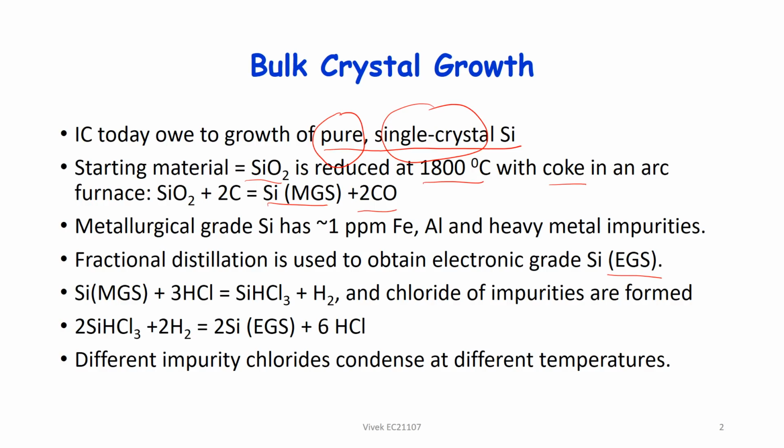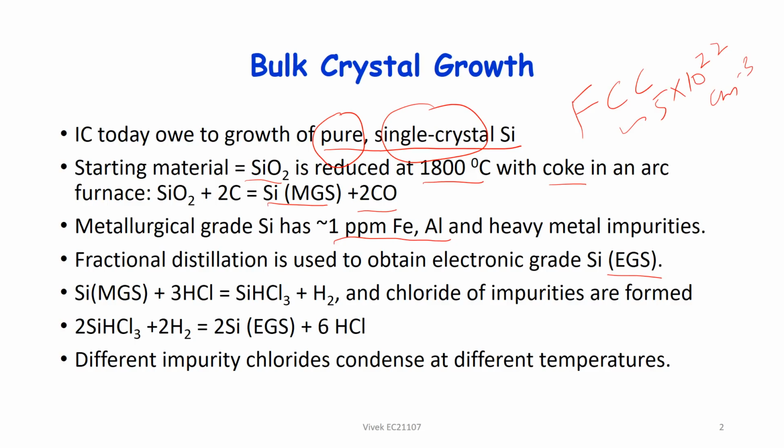Now the silicon that we have obtained is called metallurgical grade silicon. Metallurgical grade silicon has around 1 ppm of impurities. If you recall what we did in our previous class, we calculated for an FCC crystal that there are around 5 x 10^22 atoms per cubic centimeter.